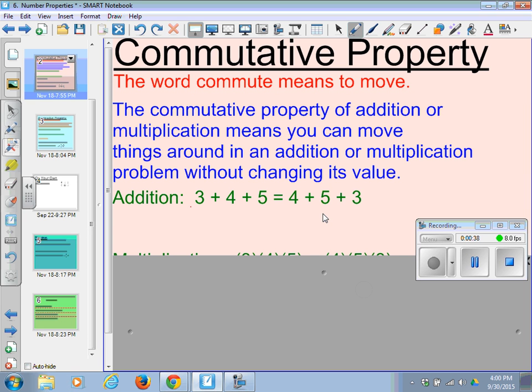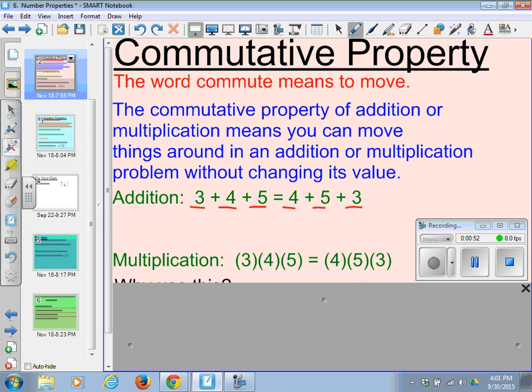So here we have 3 plus 4 plus 5. Well, if I'd like, I can change the order up to 4 plus 5 plus 3 using our commutative rule. Also, in multiplication, I can change the order because it works for addition as well as multiplication. I'll go ahead and underline those for you.